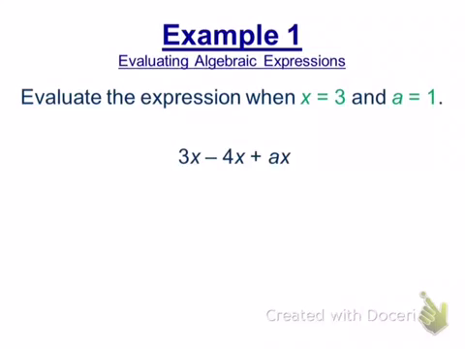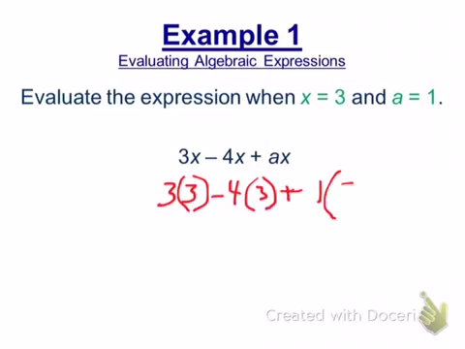So what is that process going to look like? What am I going to do? I'm going to substitute. In the place of x, I'm going to put 3, both places. And in the place of a, I'm going to put 1. So we'll have 1 times 3.